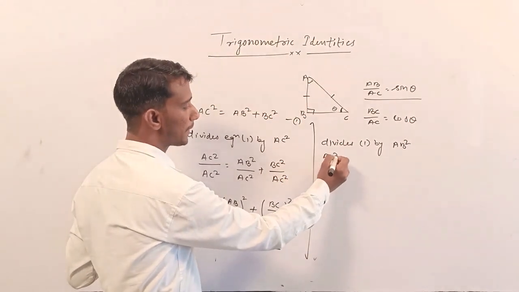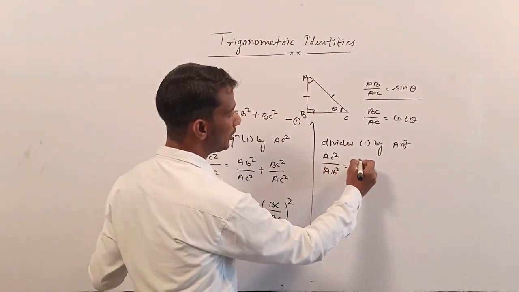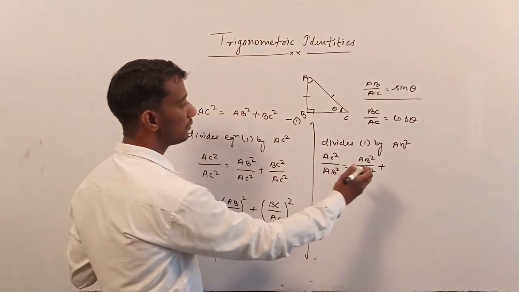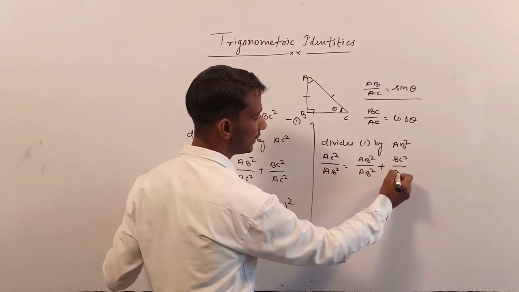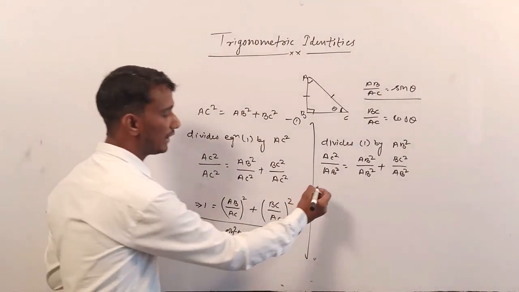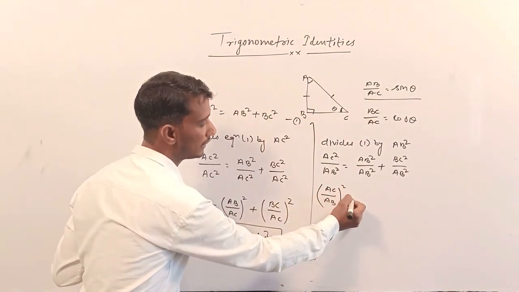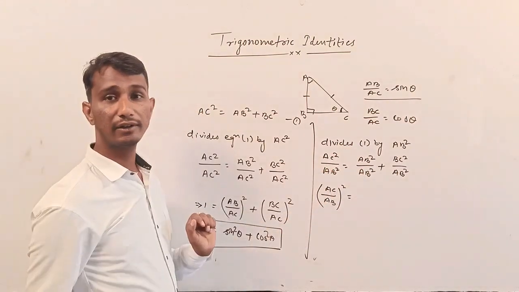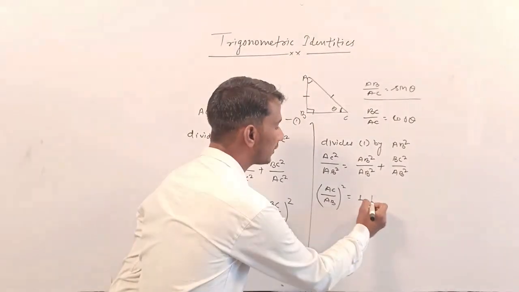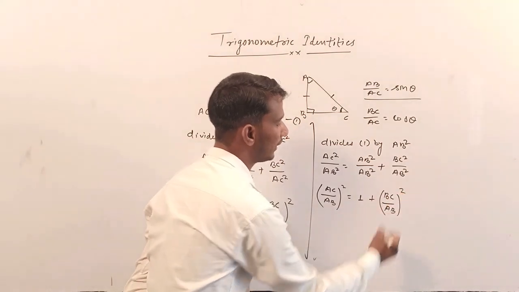AC square upon AB square equals AB square upon AB square plus BC square upon AB square. Now solve it. We get (AC upon AB) whole square equals AB square upon AB square, which is 1, and the next value is (BC upon AB) whole square.